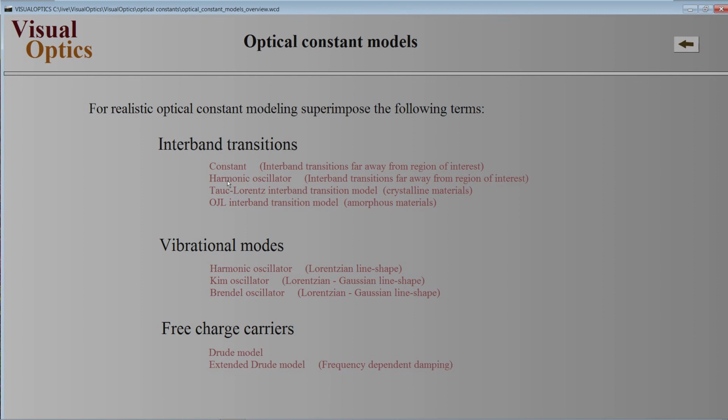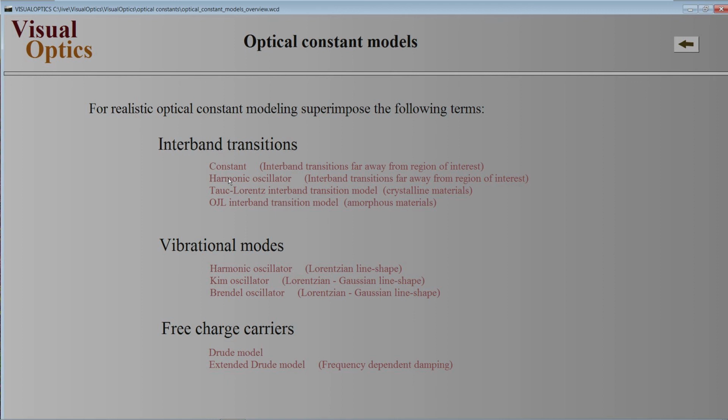This represents an interband transition which is far away, and we don't care about details. We just want to generate a little bit of dispersion. In that case, you just superimpose a constant and a harmonic oscillator, and you are good.